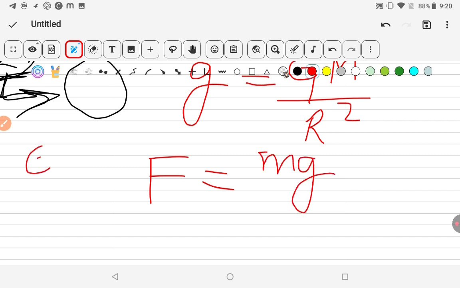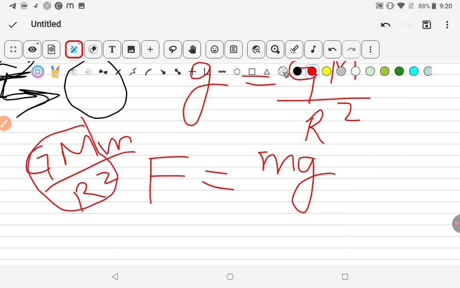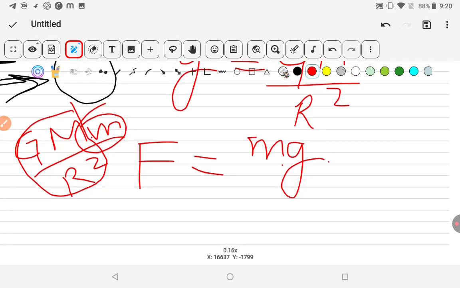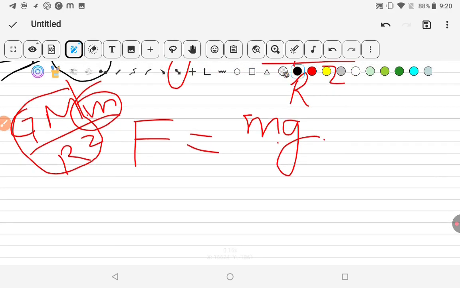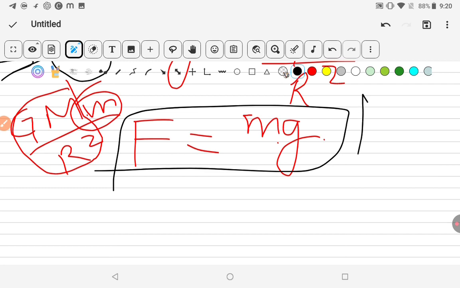When you see GM upon r square, this whole thing is g, and what is left is small m, so mg. That's how this formula is derived, which is actually a really important formula.